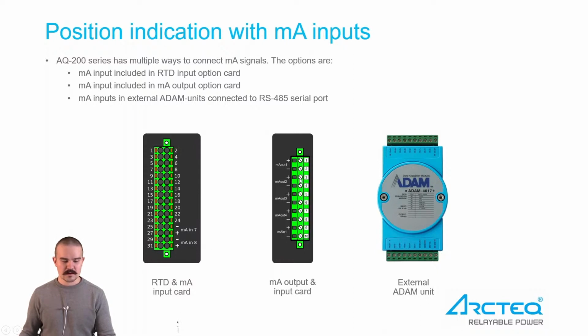Then there is a milliamp output card, which has 4 milliamp output channels and also 1 milliamp input channel. And then also there is a possibility to connect an external ADAM unit that connects to the RS485 port.